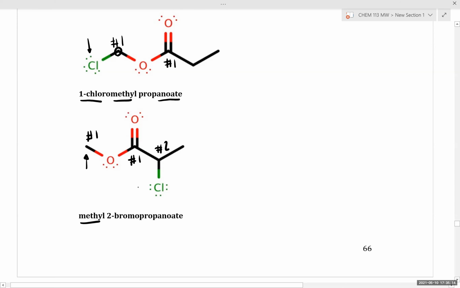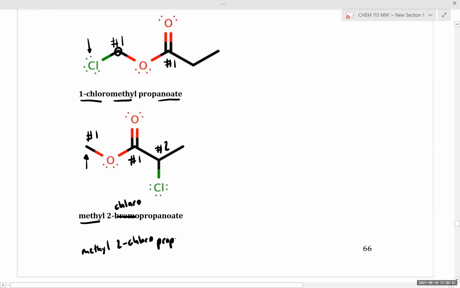Now we name the carboxylate side chain. And in this case, there's a chlorine atom here, so this would be 2-chloro. Now, since we have a 3-carbon carboxylate chain, this would be called methyl 2-chloro.